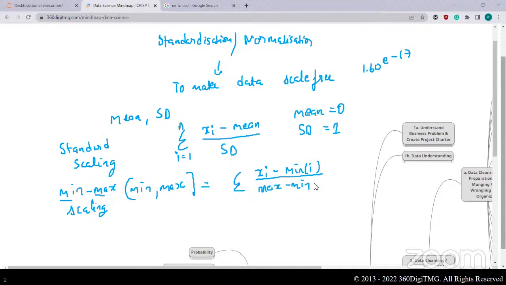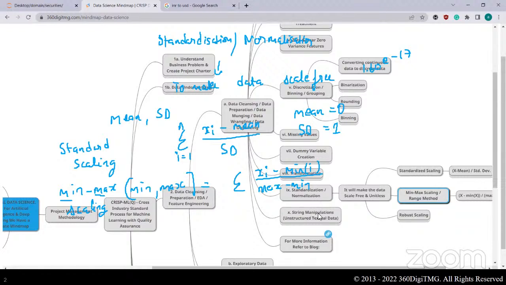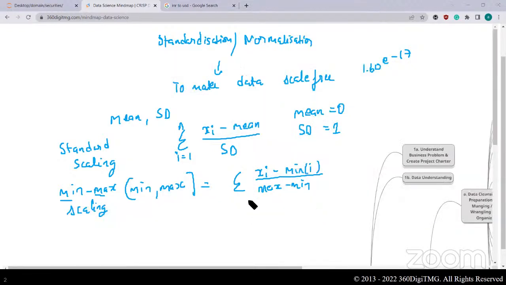So this is the formula for calculating min max scaling. Now after you apply min-max scaling, your number range is reduced to being between 0 and 1. Okay, so this is standardization or normalization.